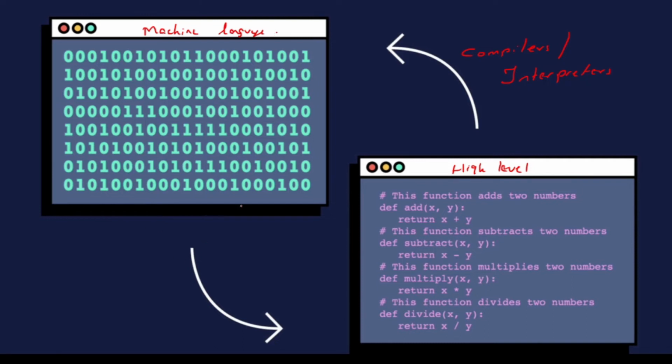So processing happens in machine language, and it is the same compiler or interpreter which converts it back into human understandable high level language.